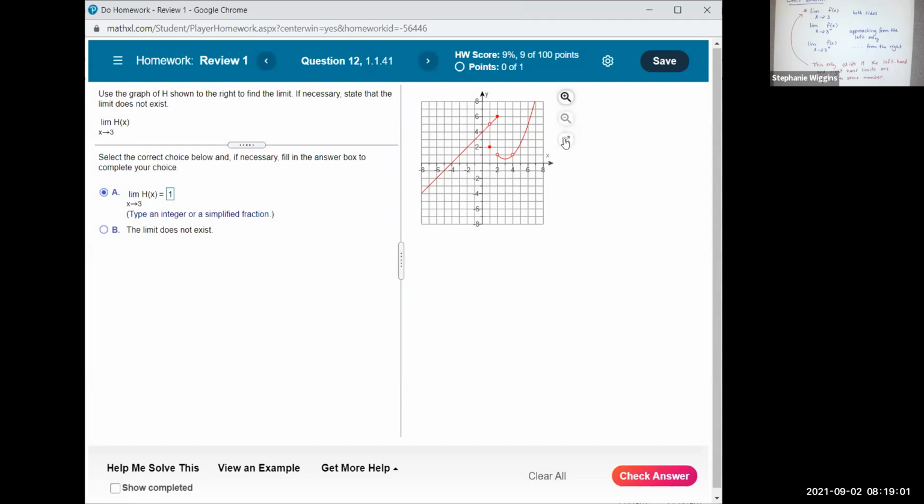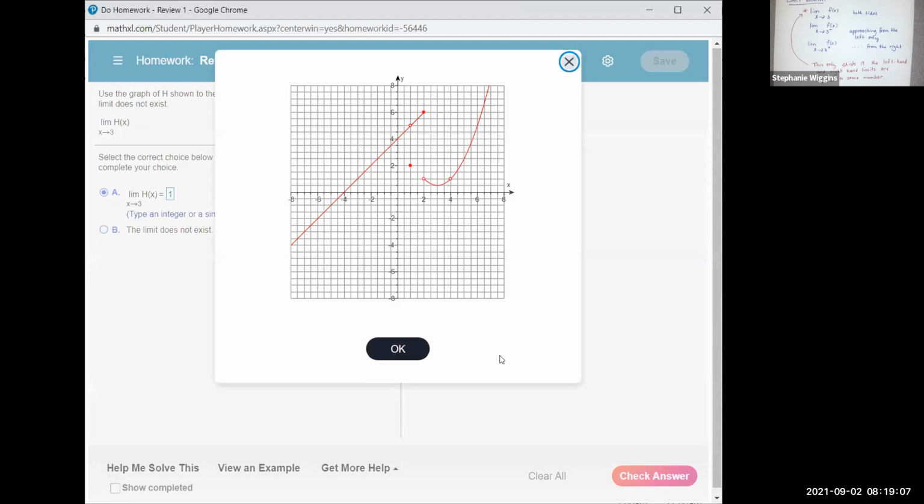So as x approaches 3, and here's 3, and if I go to the graph, it's right there. Oh, I see. That's not 1. I wasn't being careful.